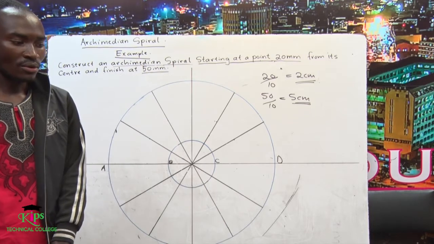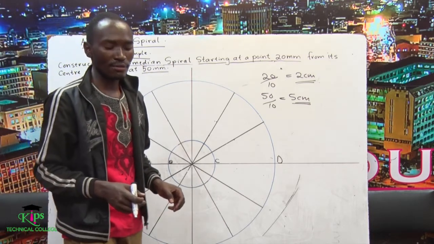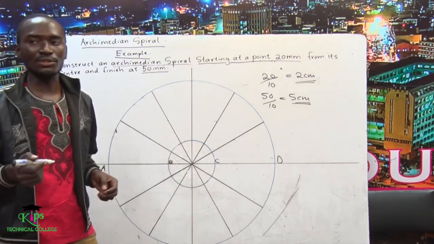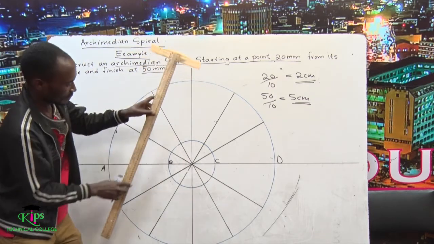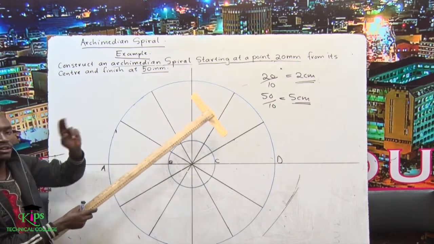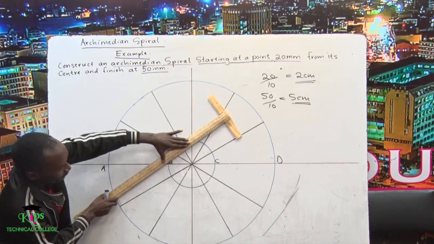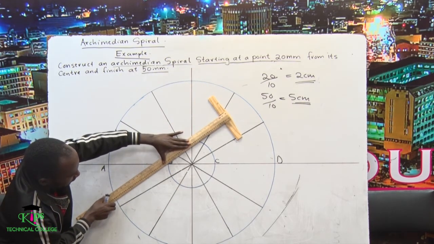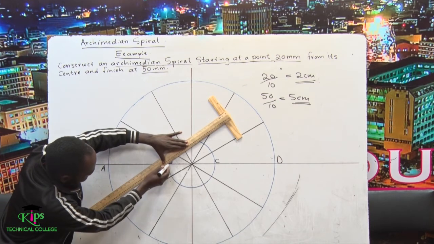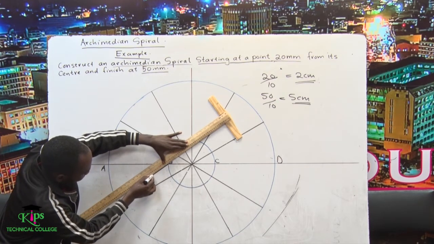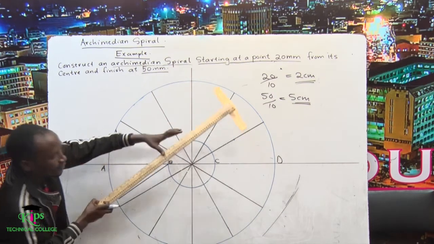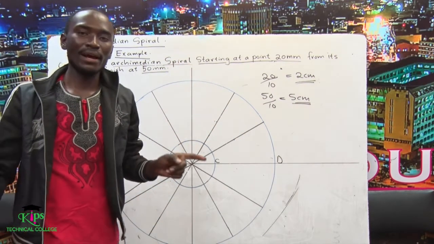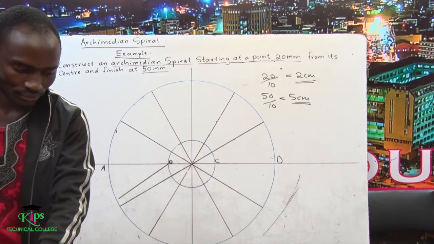And we looked at the method of subdividing a line into equal parts. We said first of all, we need to subdivide this particular line into equal parts.